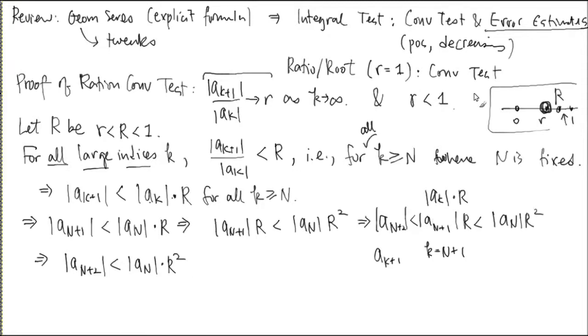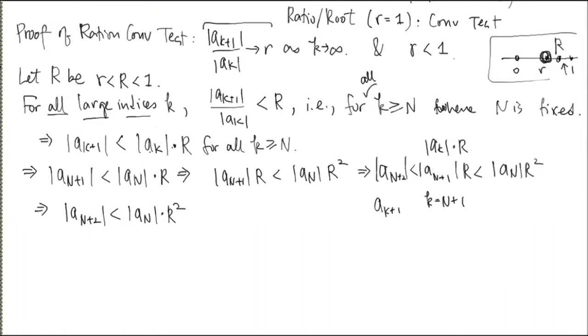Any questions so far? And I multiply r again, then I have a_(n+2) multiplied by r, and here a_n multiplied by r. So this is r cubed, right? And you look at this as absolute value of a_k times r again. You look at this in that form. Then what's smaller than this guy?